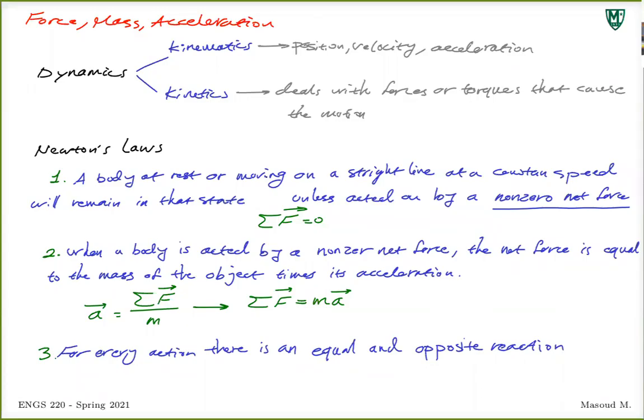All right. Oh, number 2. When a body is acted on by a non-zero net force, the net force is equal to the mass of the object times its acceleration. My handwriting gets worse on this board that I have in the office. I don't know why. Yet to figure it out.